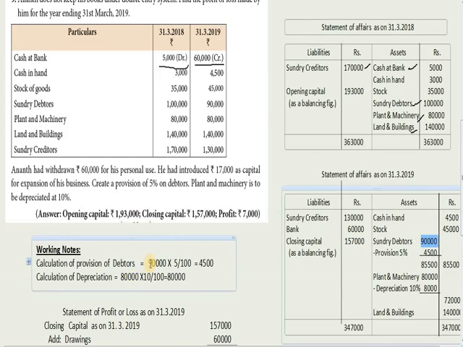And we are taking that 90,000 here. And we are calculating 5% provision on that 90,000. How much does it come to? 4,500.